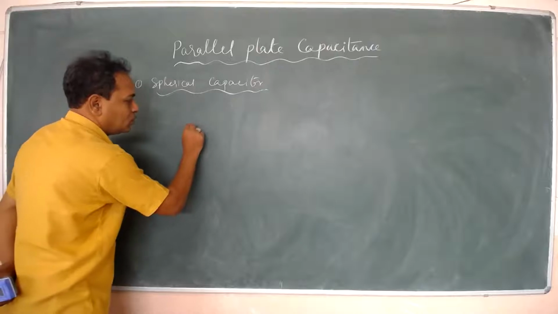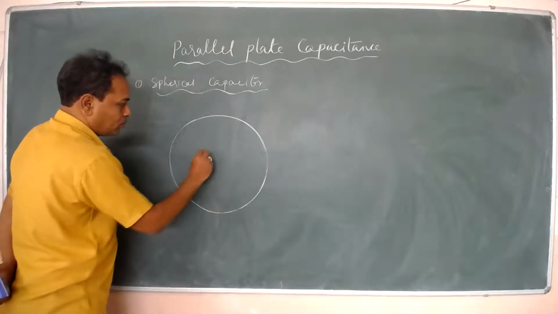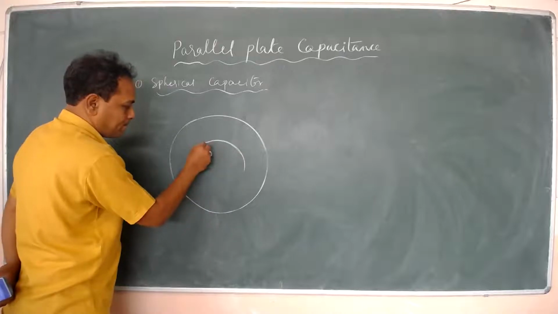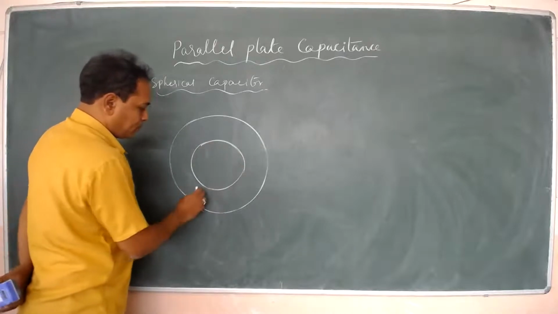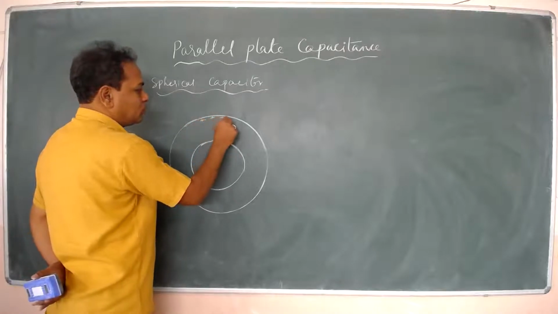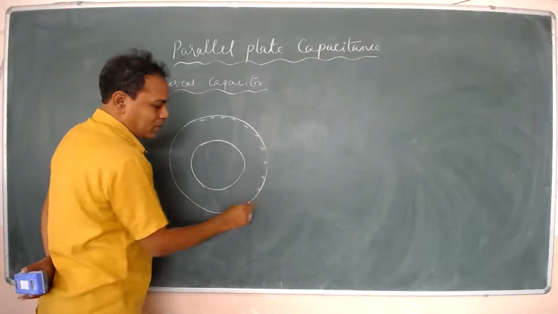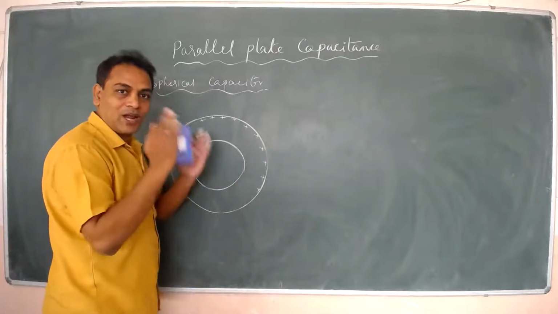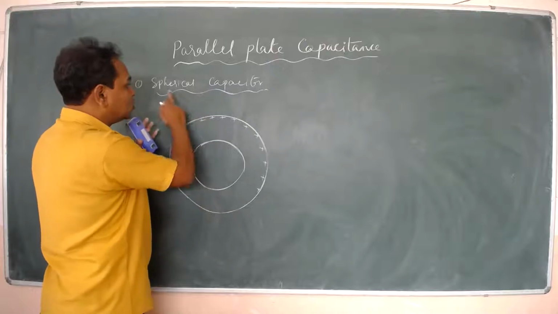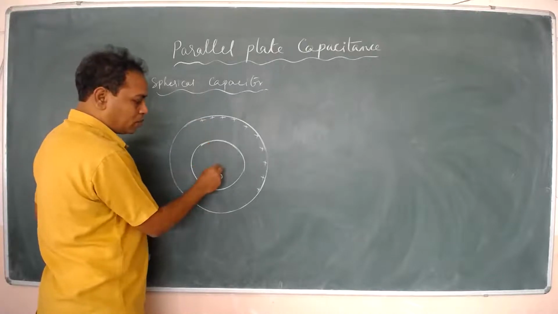Suppose this is a positively charged plate, meaning a sphere. This is also like a parallel plate capacitor, but here it is spherical. These two have a common center.